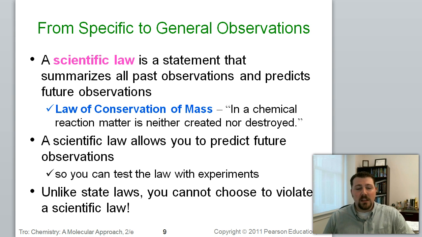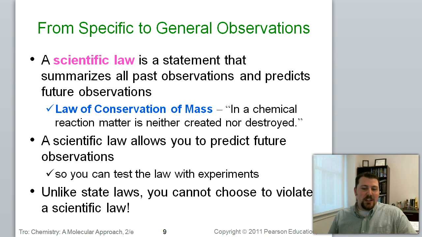Okay, so something like the law of conservation of mass, which says in a chemical reaction, matter is not created or destroyed. So the mass is conserved. And it's this law that allows you to predict future observations, or to tell ahead of time what you're going to see, because you have a scientific law that explains the observations from many experiments.